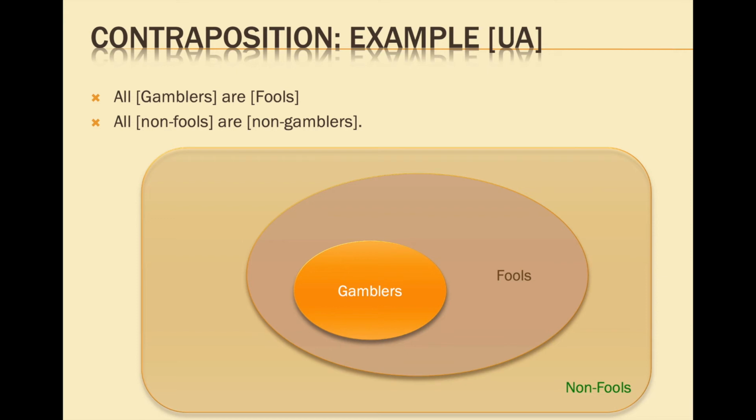But then we look at the logically equivalent statement, non-fools, right, which surrounds the whole diagram here. And the statement says all non-fools are non-gamblers. That is, everybody in the category of non-fools is outside the category of gamblers. And so we have a logically equivalent statement without changing the visual diagram. So all gamblers are fools is the same as all non-fools are non-gamblers.